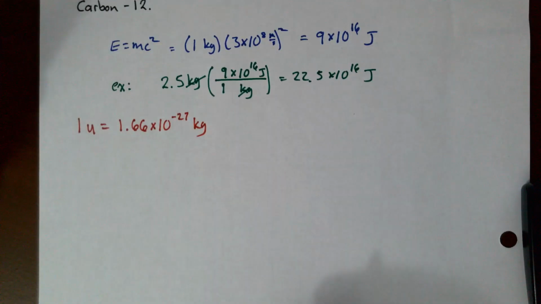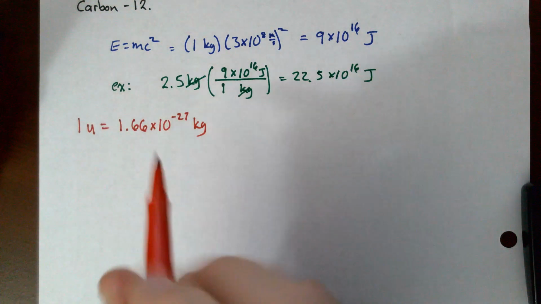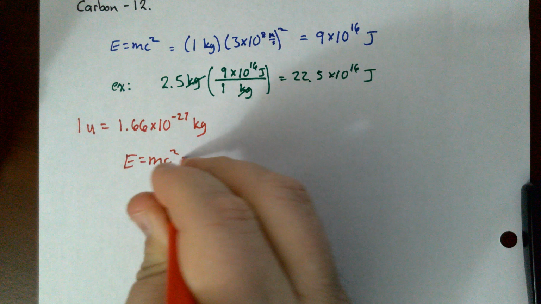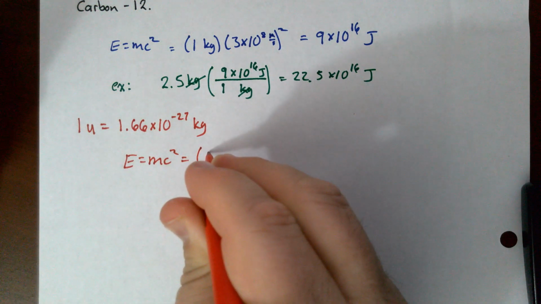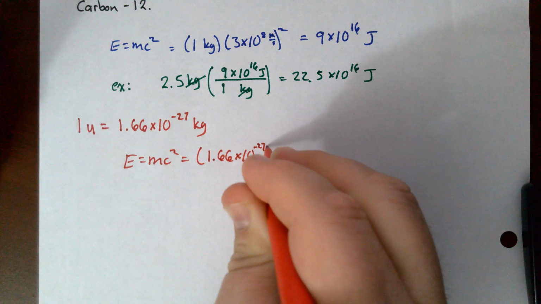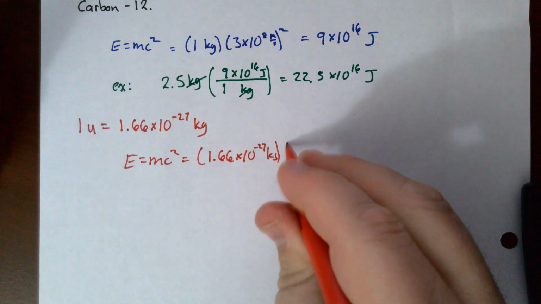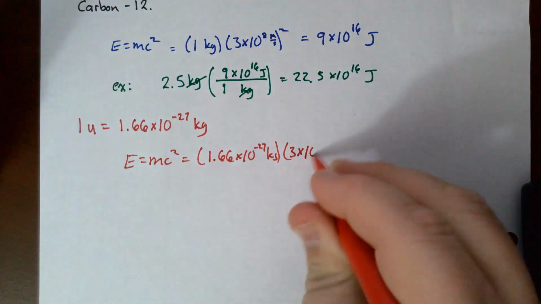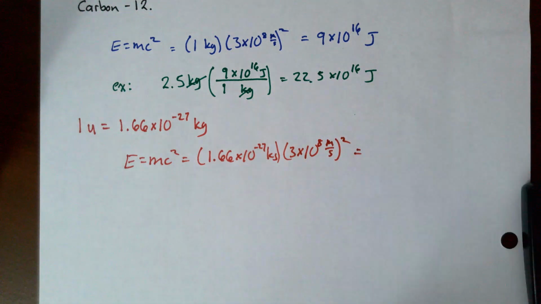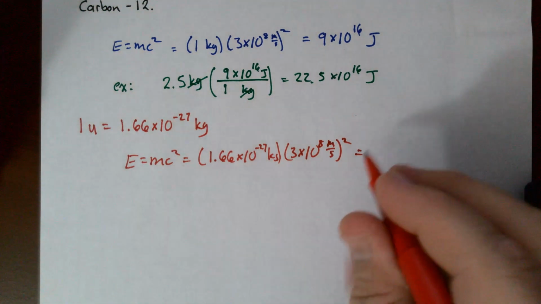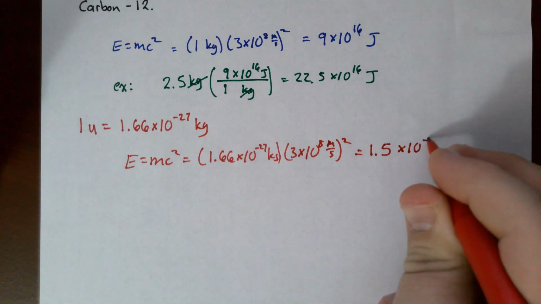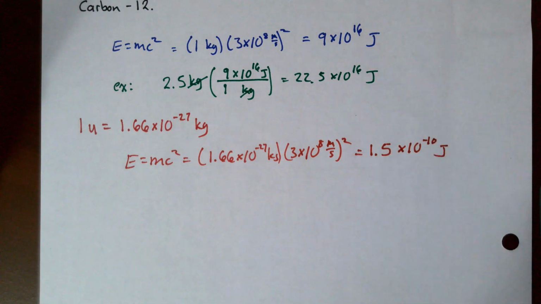So if we do the same calculation with that number, so instead of 1, I use 1.66 times 10 to the negative 27 kilograms times the speed of light squared. When you do that, you get a number that's approximately 1.5 times 10 to the negative 10th joules.